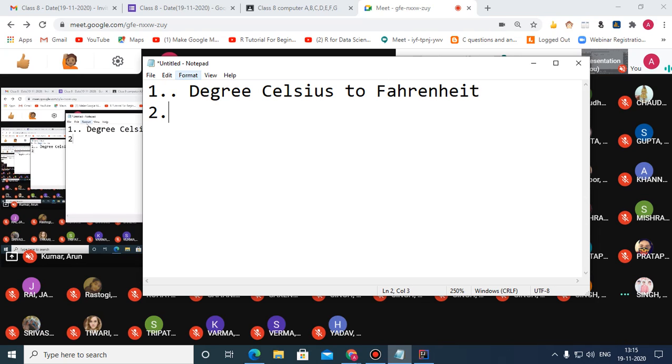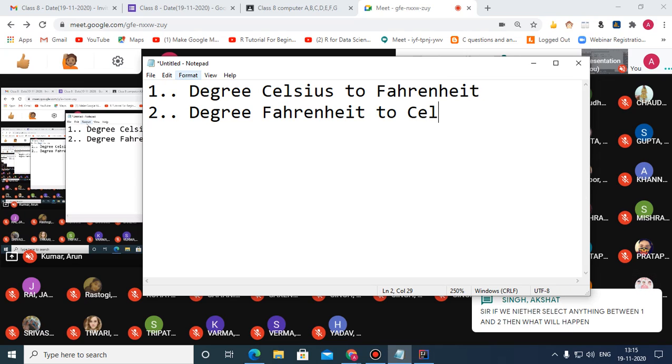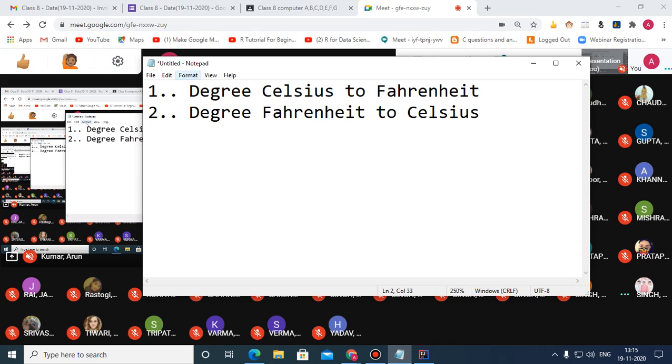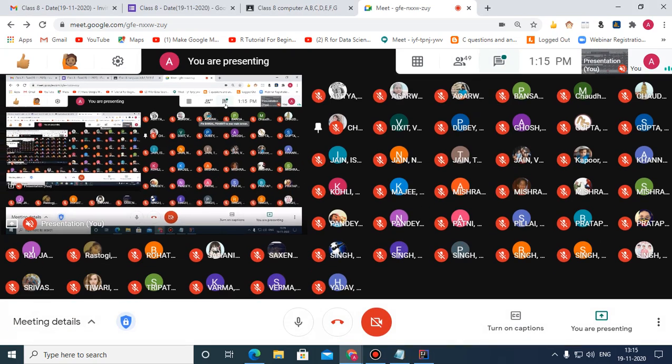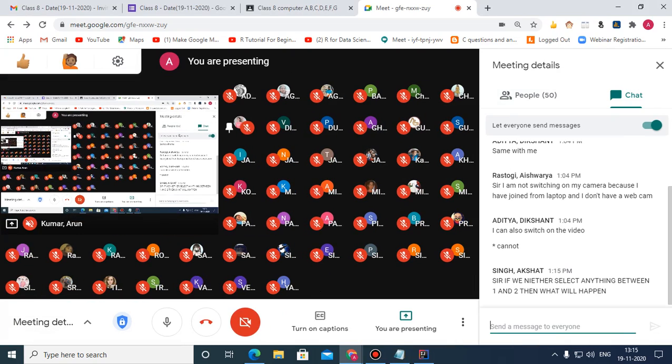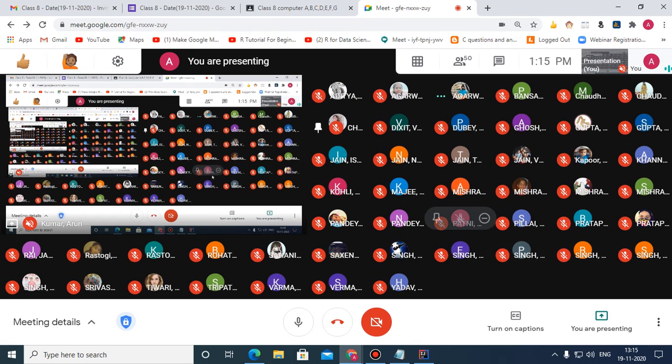This is the first choice, and second choice is degree Fahrenheit to Celsius. But if the values are apart from 1 and 2, in that case the output will be wrong choice. Akshat Singh, if the values are apart from 1 and 2, the choice will be wrong choice every time.